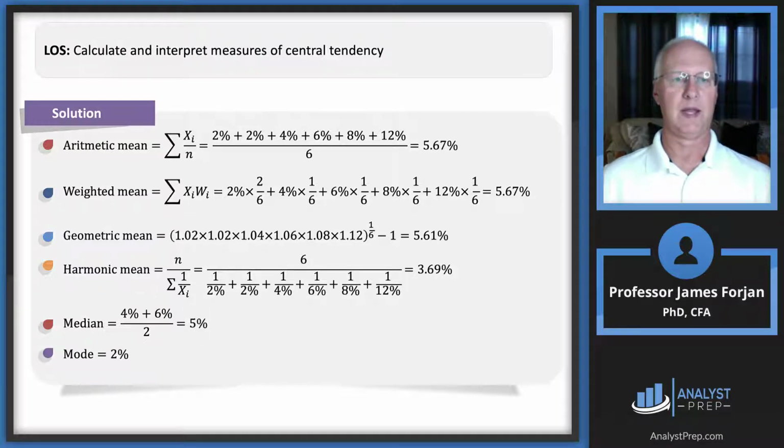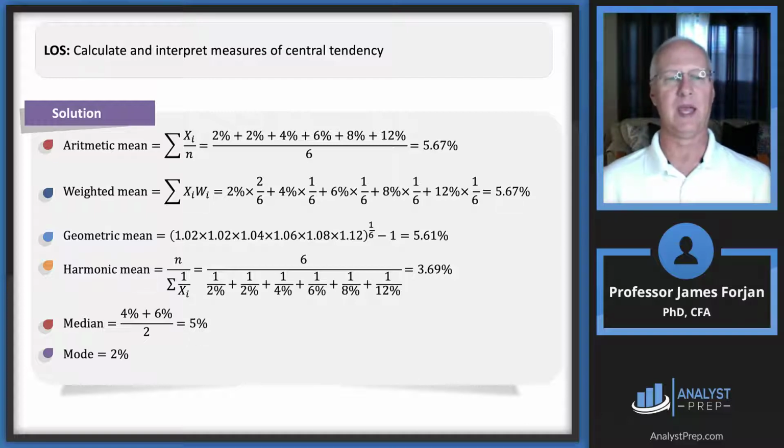Notice the arithmetic and the weighted mean are identical because the weights are equally distributed. Once again, there's the geometric mean where we add 1 to each of the decimal forms of those interest rates and then raise it to the 1/6 power. Notice that the geometric mean, 5.61, is going to be less than the arithmetic mean.